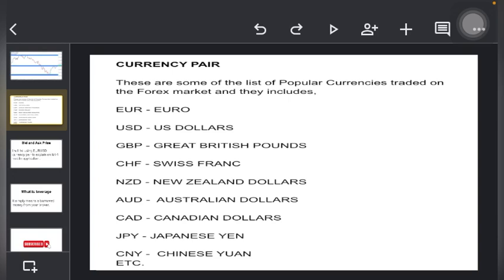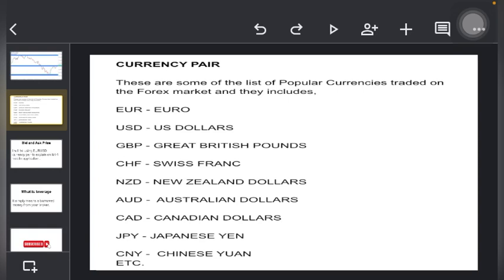We have the euro, abbreviated EUR. We have the US dollar, abbreviated as USD. We have the Great British pound, abbreviated as GBP. We have the Swiss franc, abbreviated as CHF.